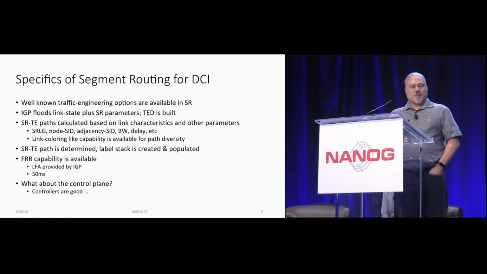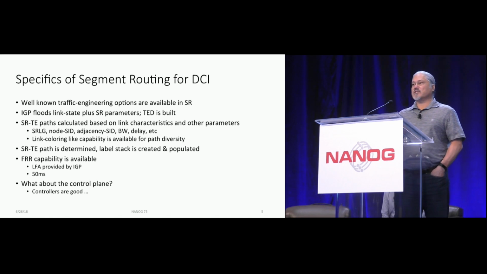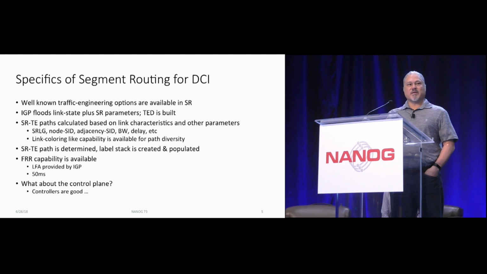So some specifics. Traffic engineering is very well supported in segment routing. All the stuff that you've come to like and know within RSVP is in segment routing. In this case, what's different is the IGP floods that information, kind of like the previous RSVP where the IGP floods. The IGPs have been extended yet again to support things like node SID and adjacency SID.